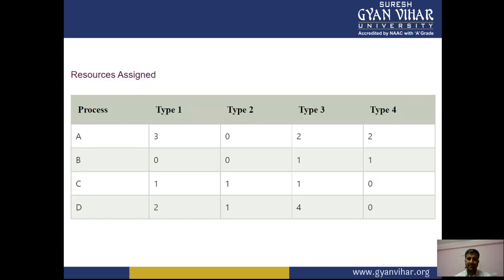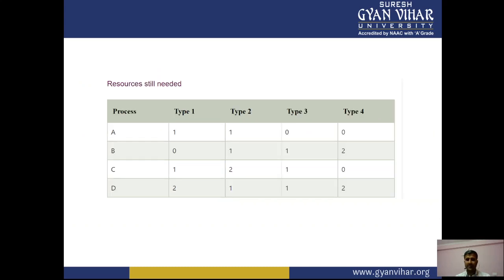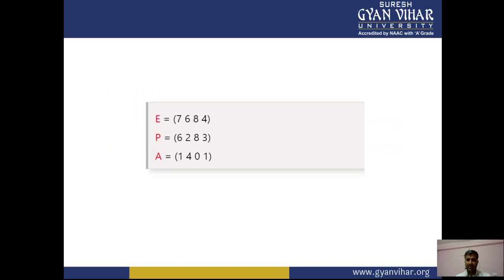Resources assigned: for processes A, B, C, D, type 1 is 3 0 1 2, type 2 is 0 0 1 1, type 3 is 2 1 1 4, and so on. Resources still needed: A needs 1 of type 1, 1 of type 2, 1 of type 3, 0 of type 3, 4 of type 4, and so on. So we still have process needs.